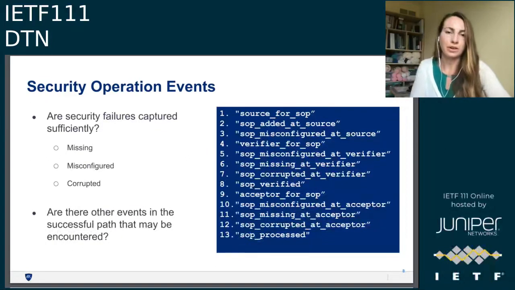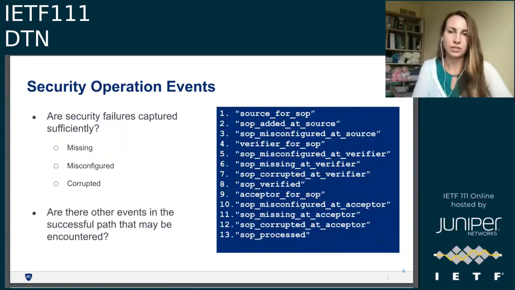So the security operation is added at the source. That's number 2 in this list. The security operation is verified or processed at its acceptor. So the question here is, is that level of granularity in those events sufficient to identify the role and then acknowledge the fact that the security processing has been successful at that node?